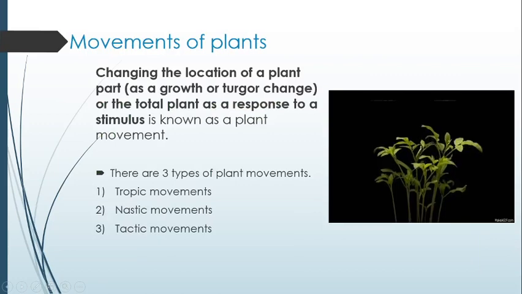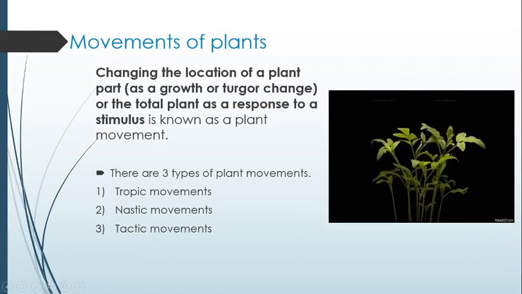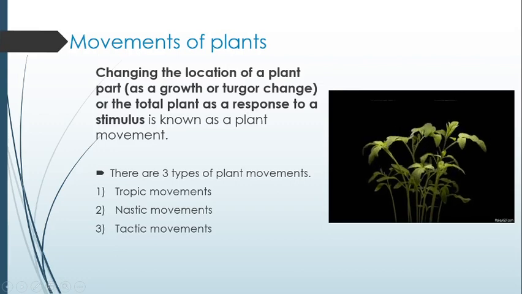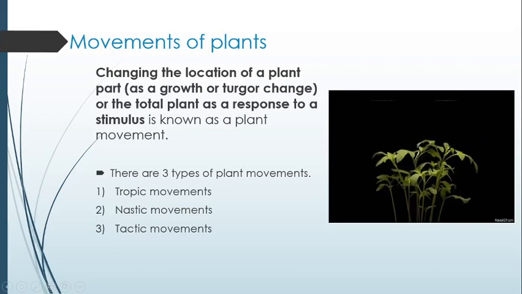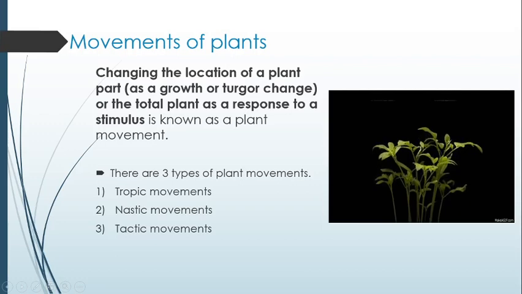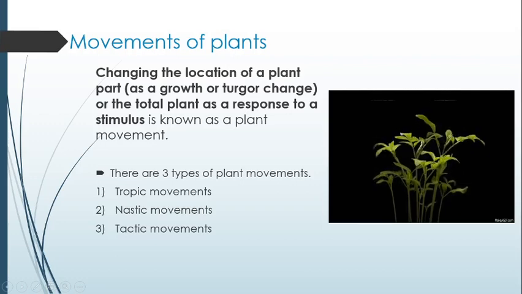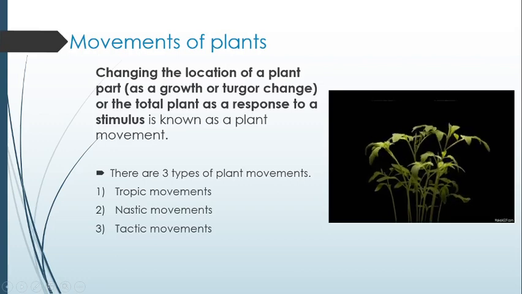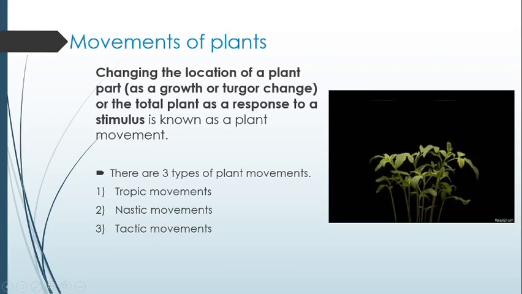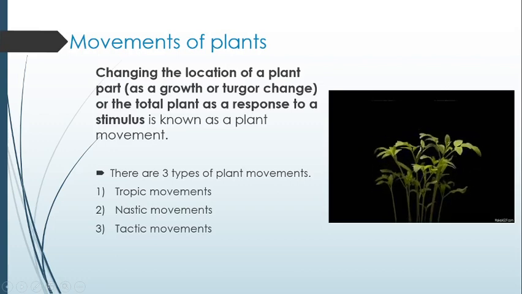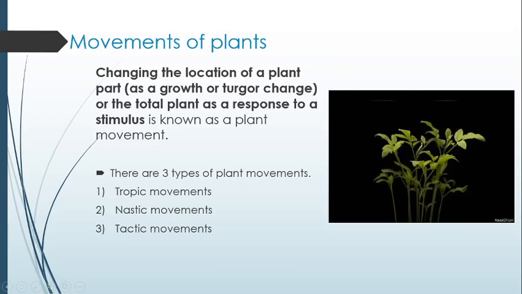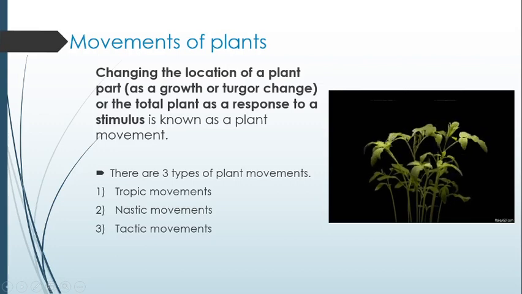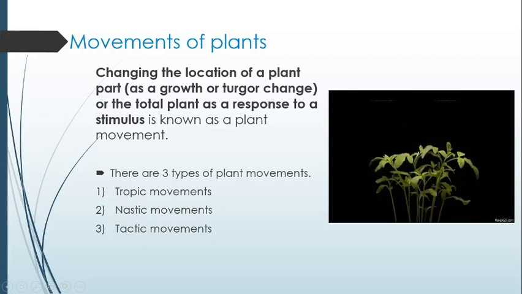Then let's discuss the movements of plants. Changing the location of a plant part or the total plant as a response to a stimulus is known as a plant movement. These plant movements mainly occur as a growth or a turgor change. There are three types of plant movements.